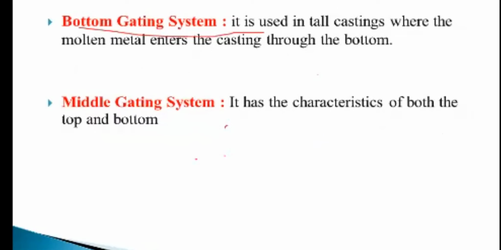The middle gate has characteristics of both top and bottom. So now you understood the main point: the metal is entering from the bottom. That's it. It's called the bottom gating system.